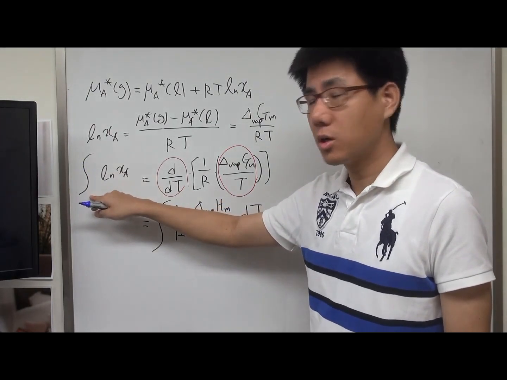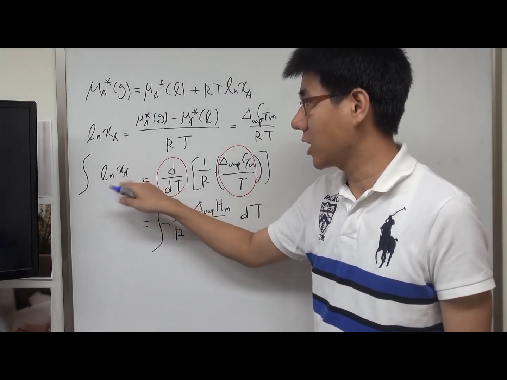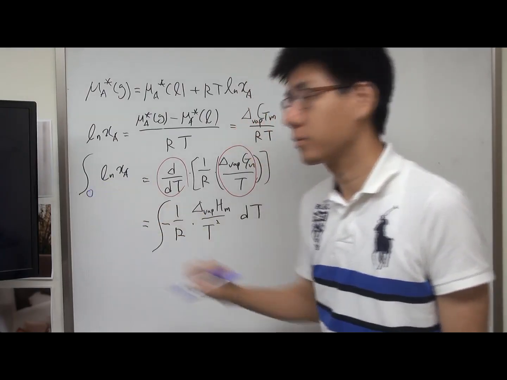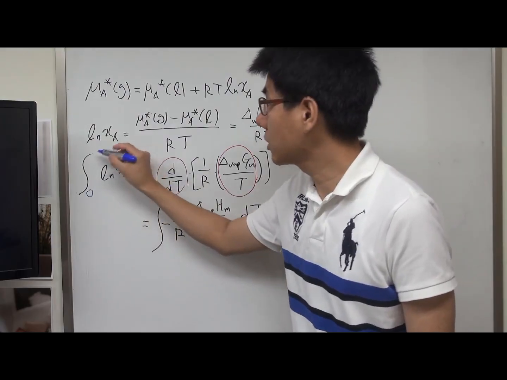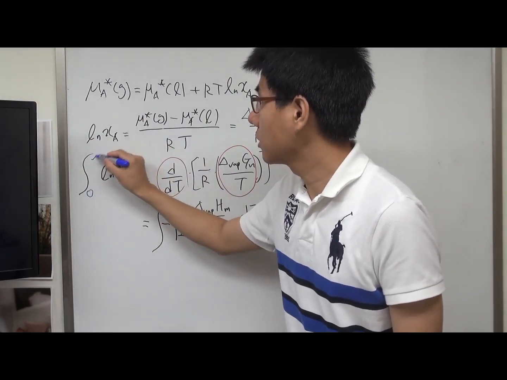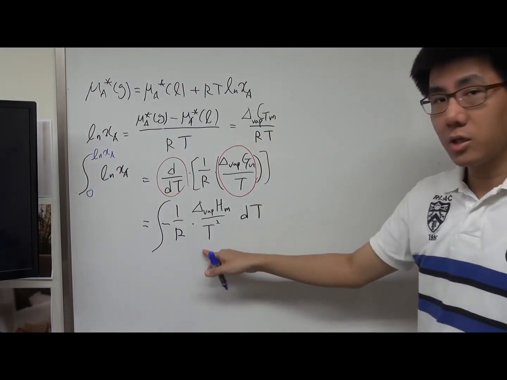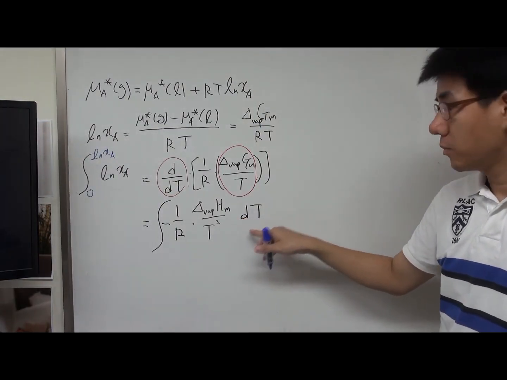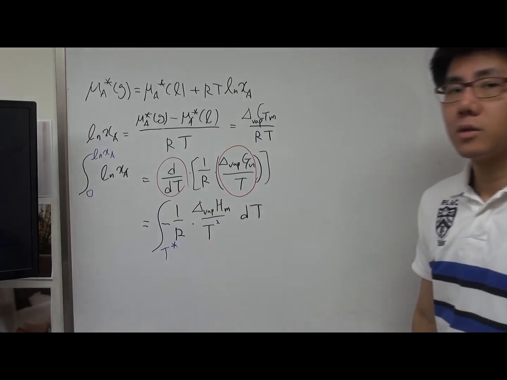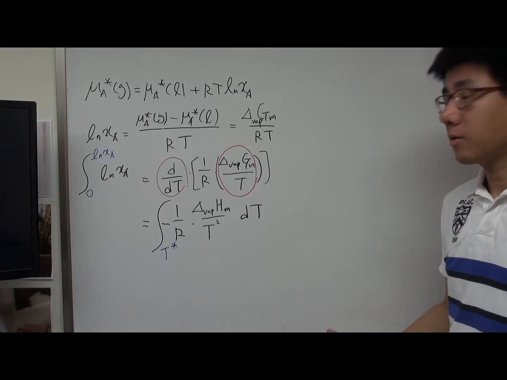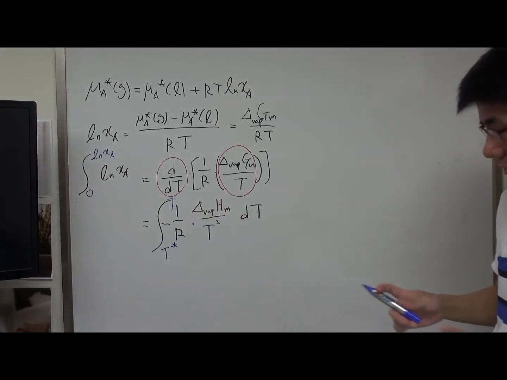When it is pure, xa is equal to 1. If it is 1, ln xa is 0, right? And after adding some solute, the result is ln xa. For the temperature, as a pure form, it is the boiling temperature of pure A, to the final boiling temperature.